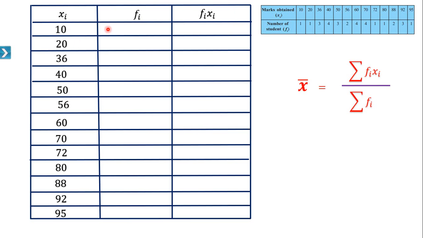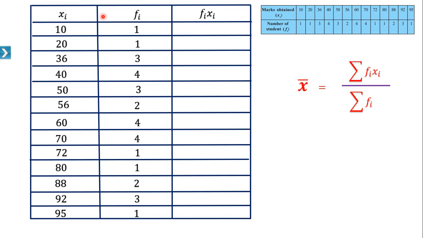Then one student obtained 10 marks, one student obtained 20 marks, 36 marks 3 students, 40 marks 4 students, 50 marks 3 students, 56 marks 2 students, 60 marks 4 students, 70 marks 4 students, 72 marks 1 student, 80 marks 1 student, 88 marks 2 students, 92 marks 3 students, 95 marks 1 student.